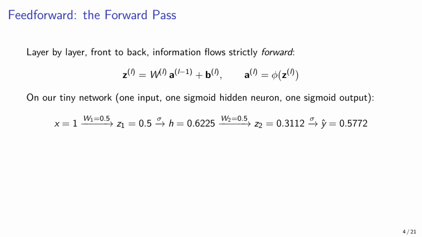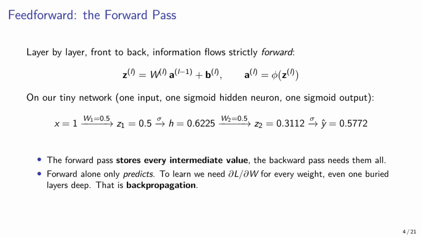Information flows strictly forward, never sideways or back. We'll use a tiny network all topic: 1 input, 1 sigmoid hidden neuron, 1 sigmoid output neuron.